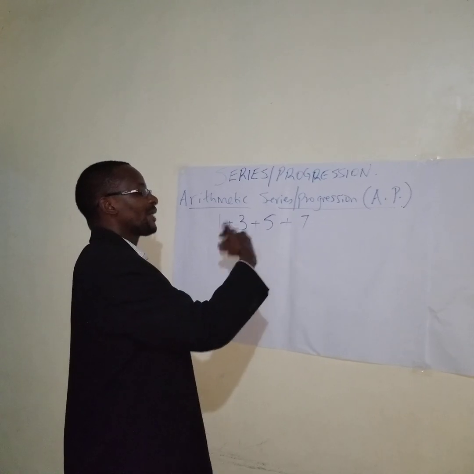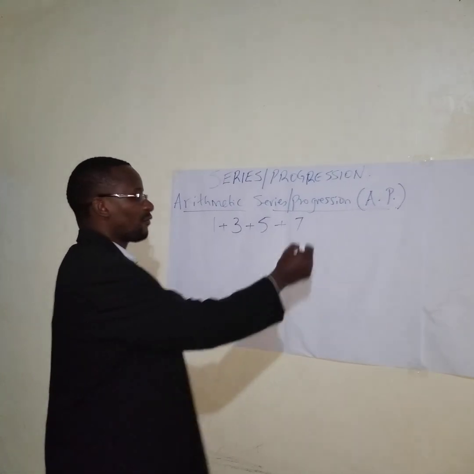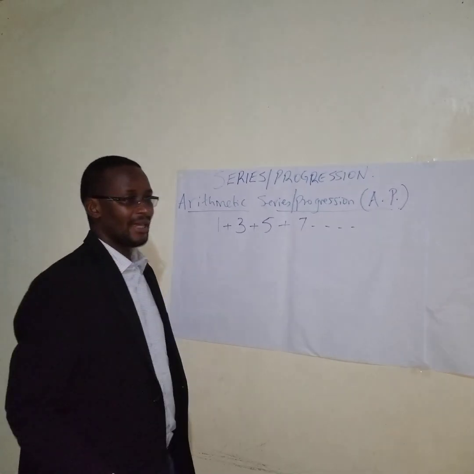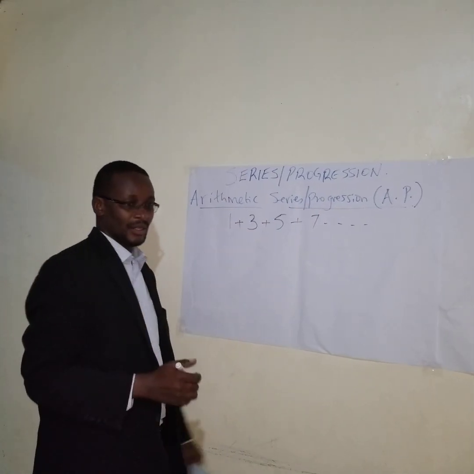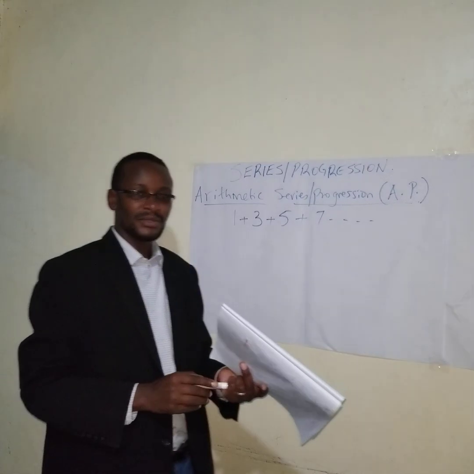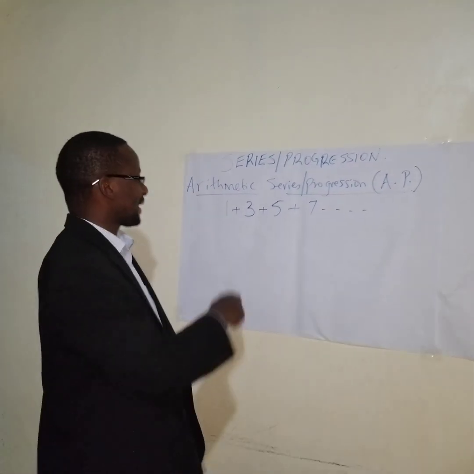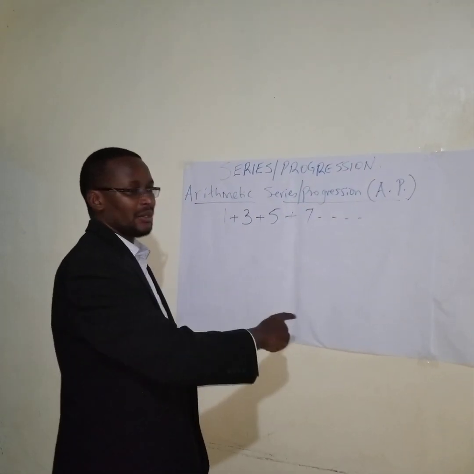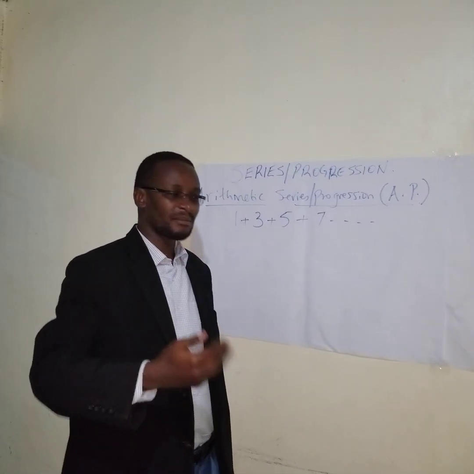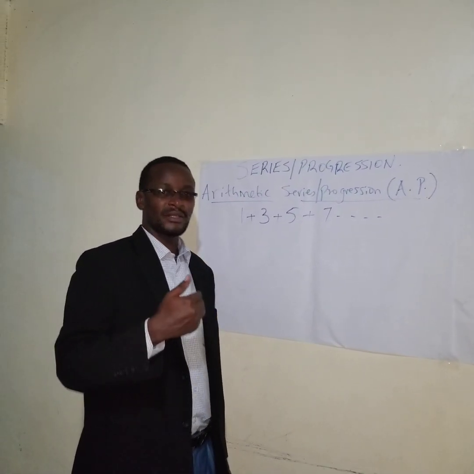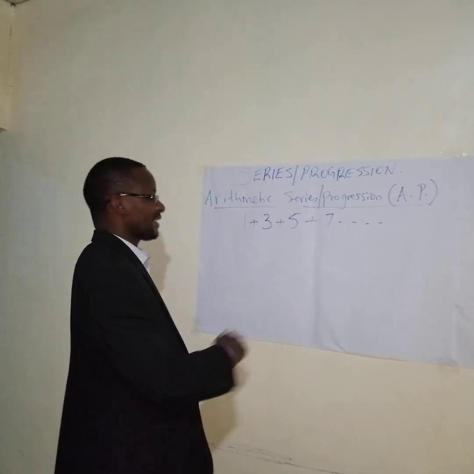So when you get the sum of the terms in a sequence, then that one is known as a progression or a series. So we will be looking at two types of progressions, that is arithmetic progression, which is simply known as AP, and the other one will be geometric progression, which is known as GP or geometric series.